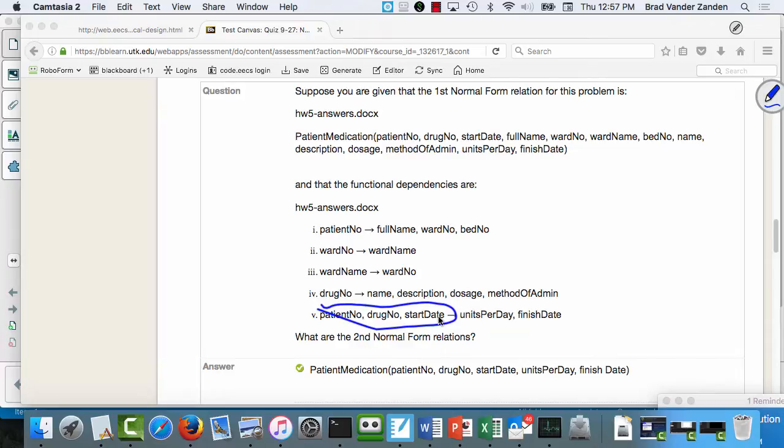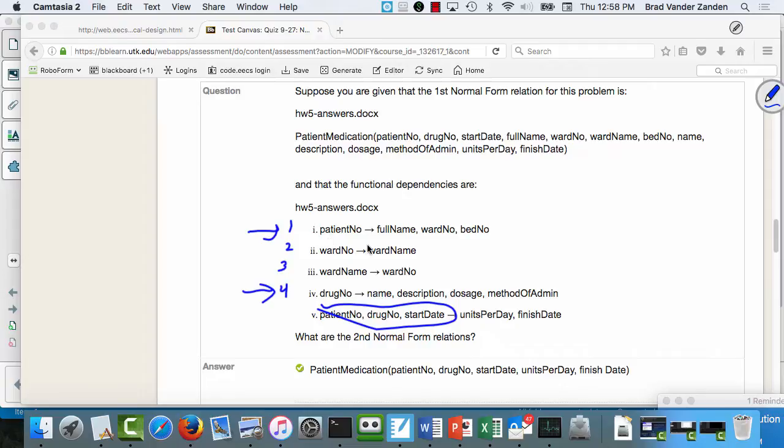I'll call this 1, 2, 3, and 4. Which ones are a subset? 1 and 4. Very good. So these two right here will be used to create separate relations.